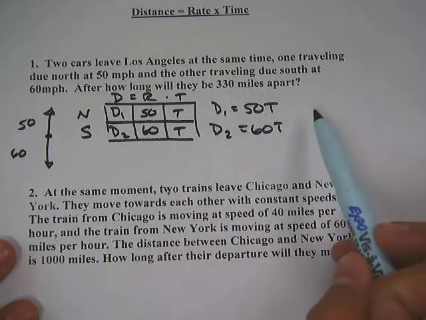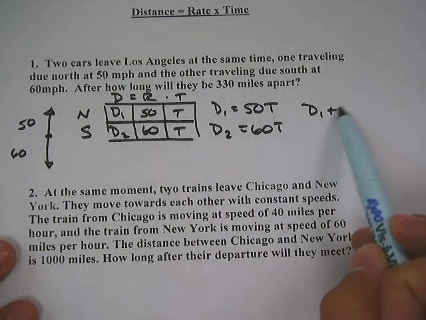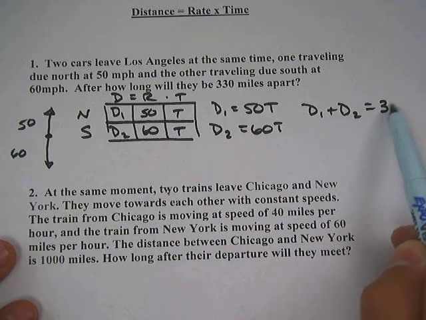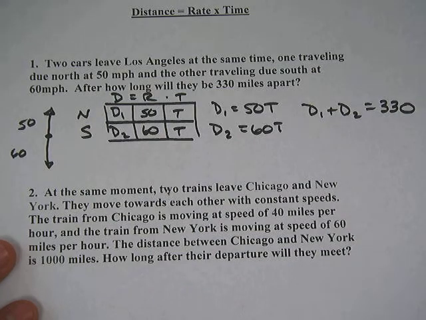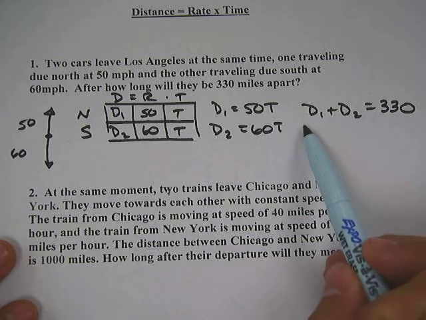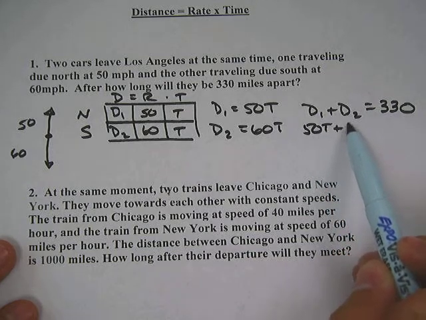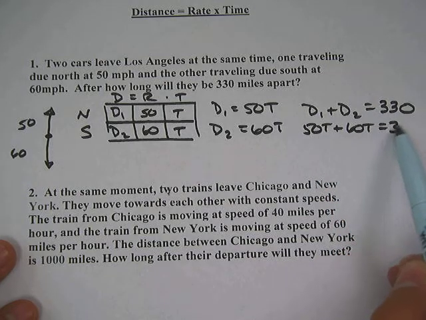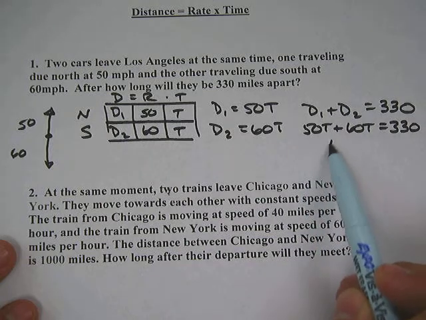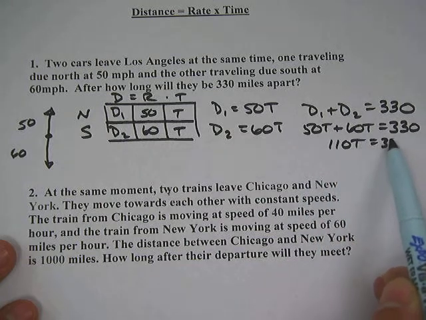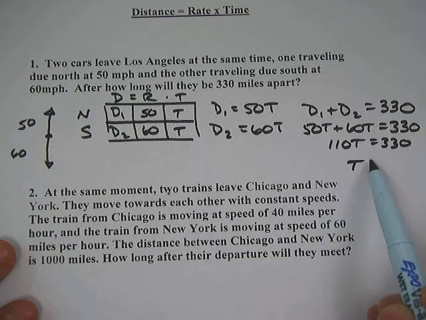Now, what do we know about those distances? We know that together they're going to make 330 miles. So these two distances will make 330. Well, D1 is 50 T, D2 is 60 T, and so I can solve. That's 110 T equals 330.